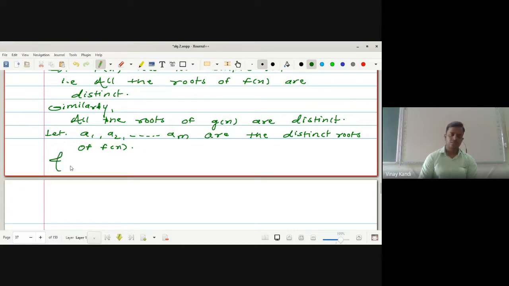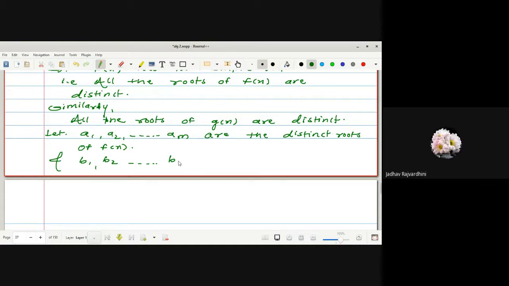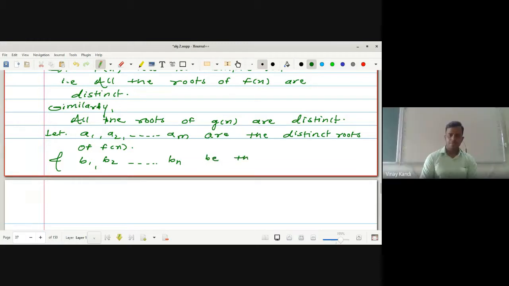And b1, b2 up to bn be the distinct roots of g of x.